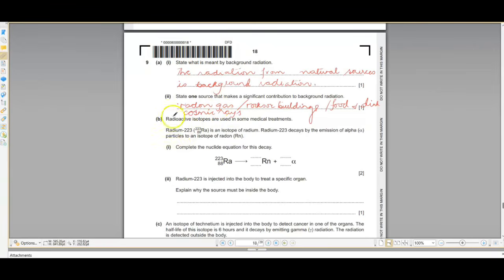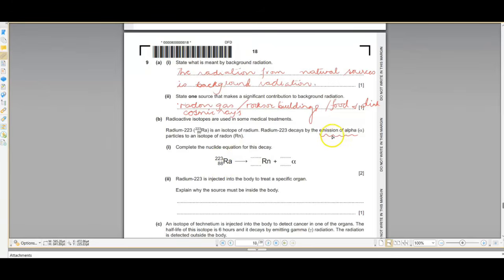The B part states that radioactive isotopes are used in some medical treatments. Radium-223 is an isotope of radium. Radium-223 decays by the emission of an alpha particle to an isotope of radon. Complete the nuclide equation for this decay. So radium is 223 and 88, 223 being its nucleon number and 88 being its proton number.